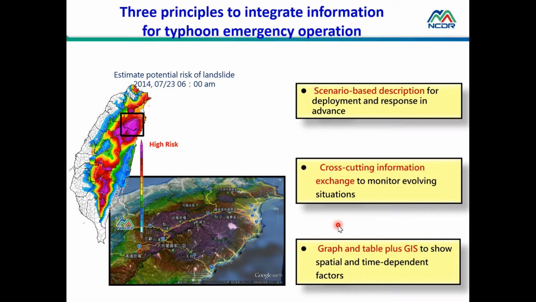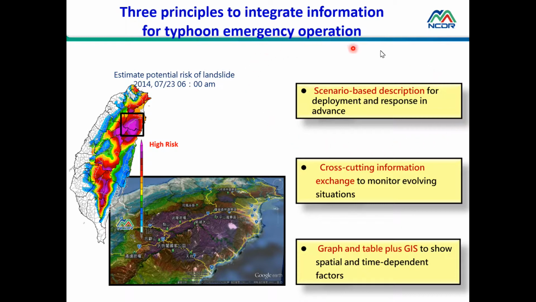Nowadays, we request that every slide we present to decision makers include 3 elements in very neat, clean, and understandable ways. First, we must provide some scenario-based description. This is good for deployment and response in advance.